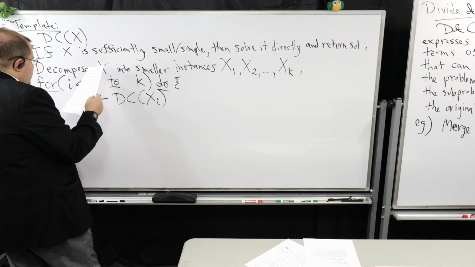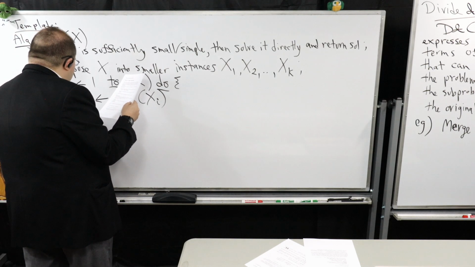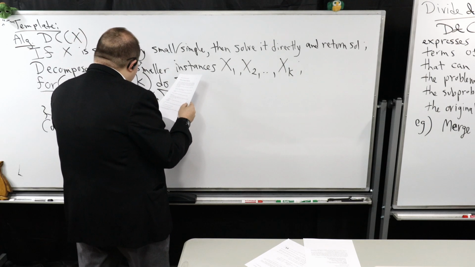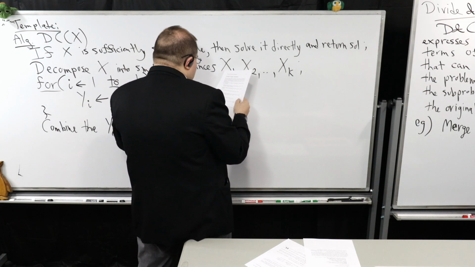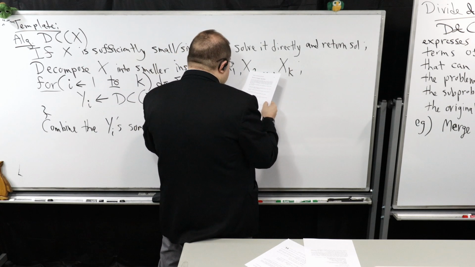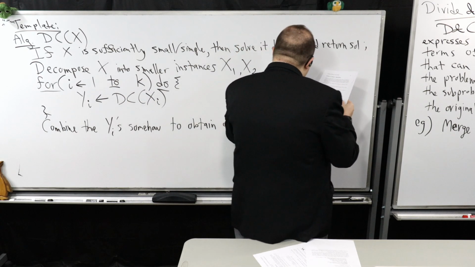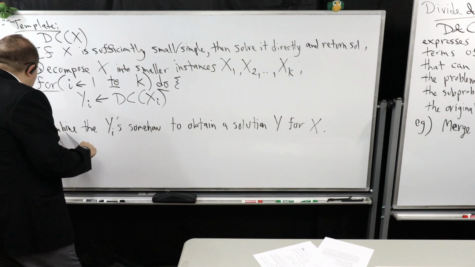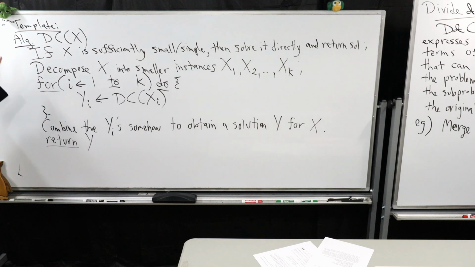And when I'm done with the for loop, then all I do is combine the yi's somehow to obtain a solution y for x. And then you just return y.